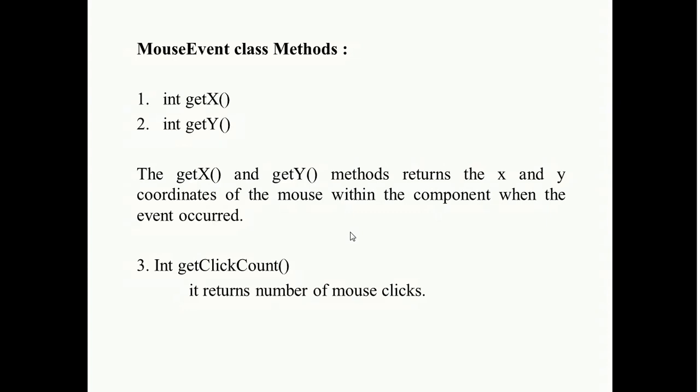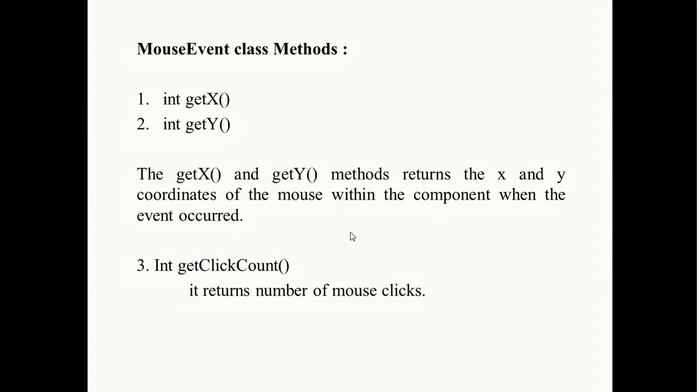The getX returns the horizontal x position of the event relative to the source component, and getY returns the vertical y position of the event relative to the source component. The third method is int getClickCount. This method returns the number of mouse clicks. These three are the methods of the MouseEvent class.